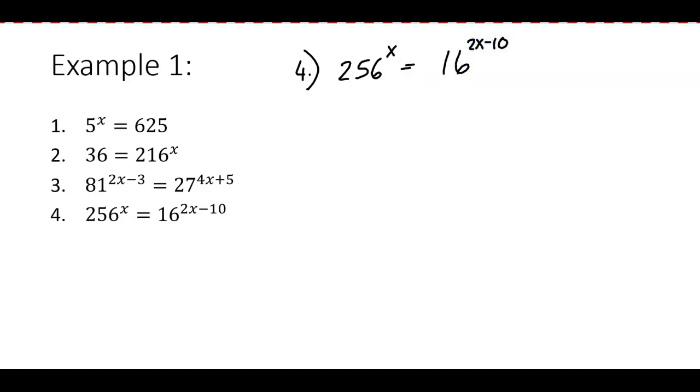Okay, so first of all, I would look for the numbers in the columns, right? 256 and 16. Pretty sure 256, you guys can correct me if I'm wrong, but I think it's 2 to the 6th, right? Oh, is it 8? Thank you. And then 16 is 2 to the 4th.